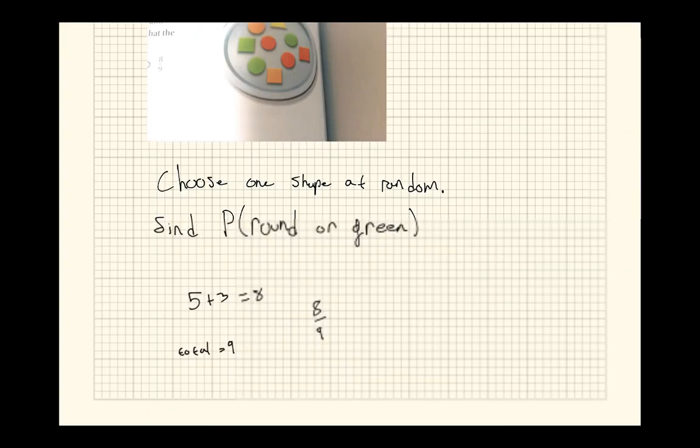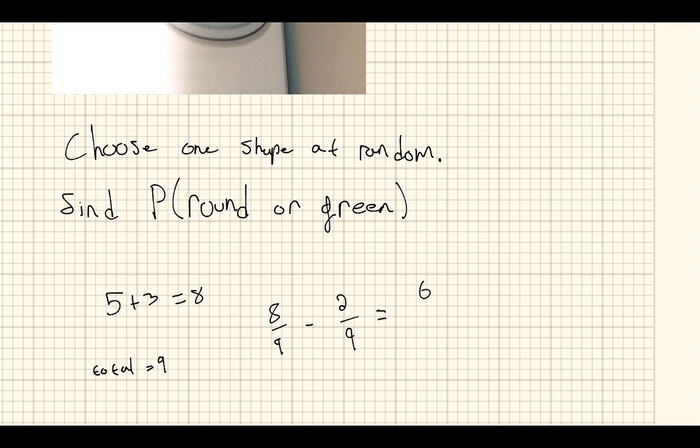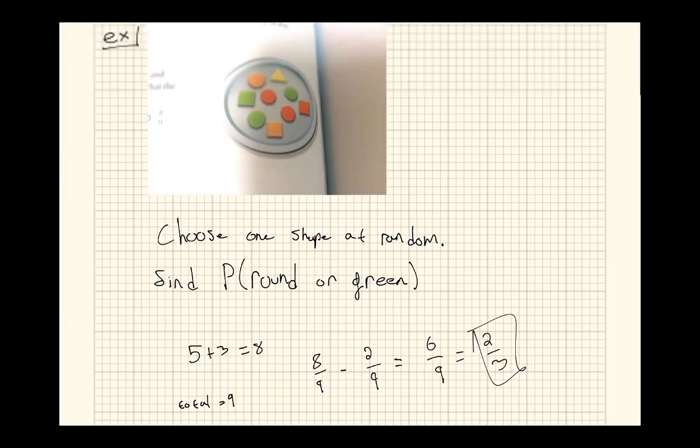So this 8 out of 9, we technically needed to subtract 2 out of 9 because there's 2 duplicates, which gives us 6 out of 9, or 2/3, as my probability. So you can do it that way. This example is easy enough to just count, but if you have larger totals, you're going to want to use that formula where you add them all together, then subtract your duplicates to get your probability.